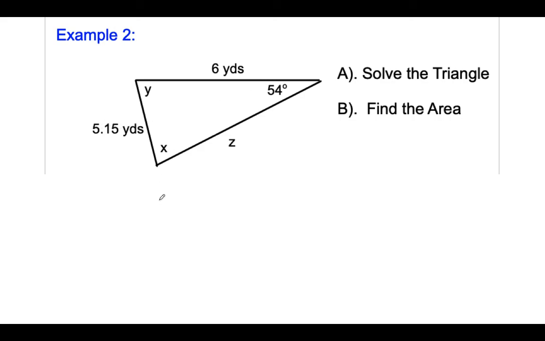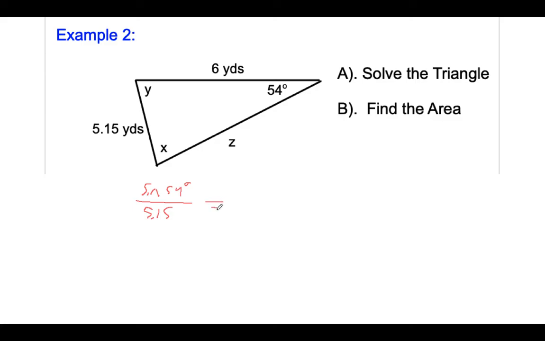Okay, let's just set it up first. So let's do sine of 54 degrees over 5.15 yards. So that's this side length.